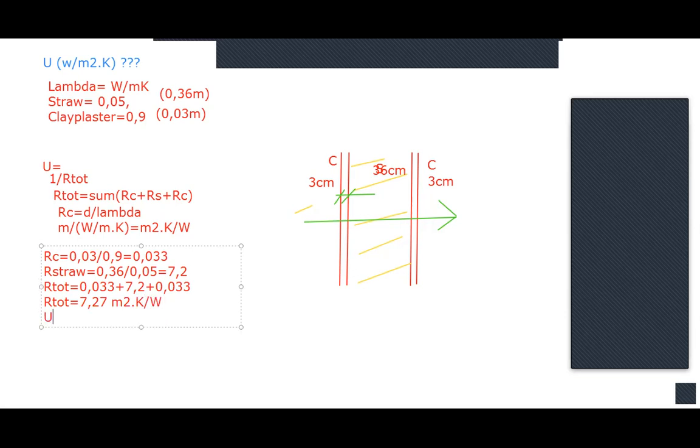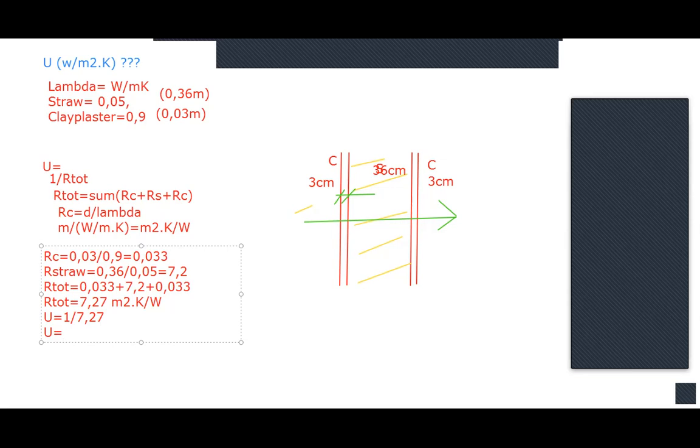And now we want our U value, so we get 1 divided by 7.27, which at the end is something that we wanted to get.